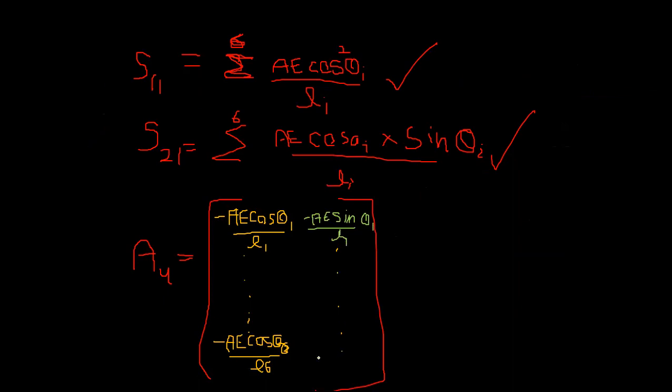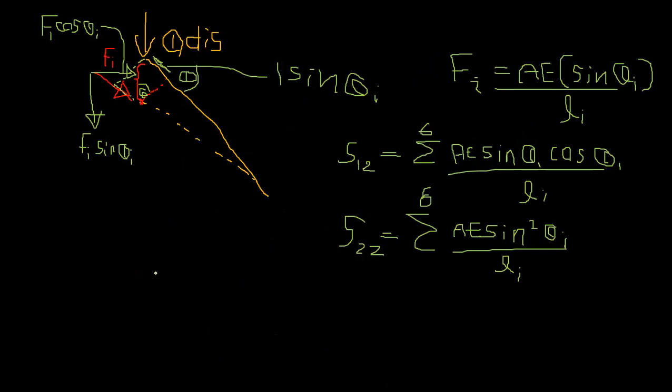The sixth member, minus AE sin theta 6 over L6, right? Yes, we are done. So the third step is done.